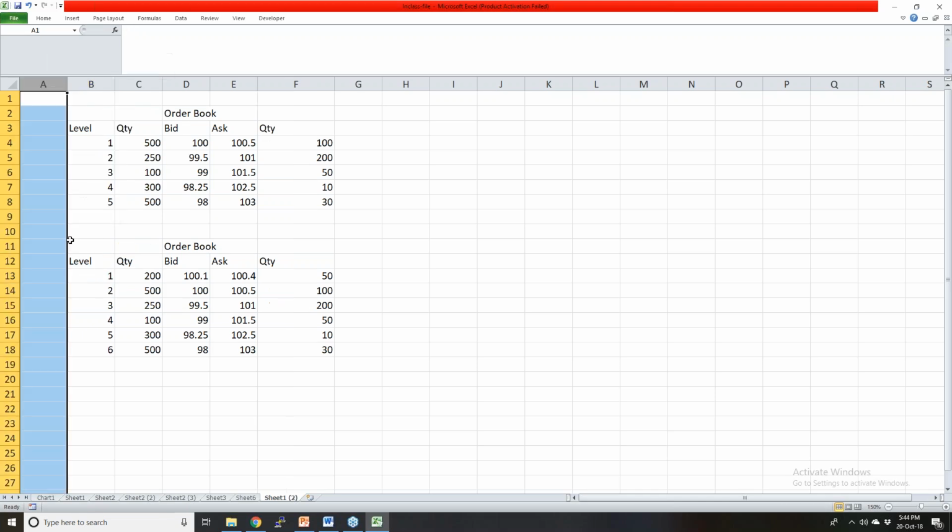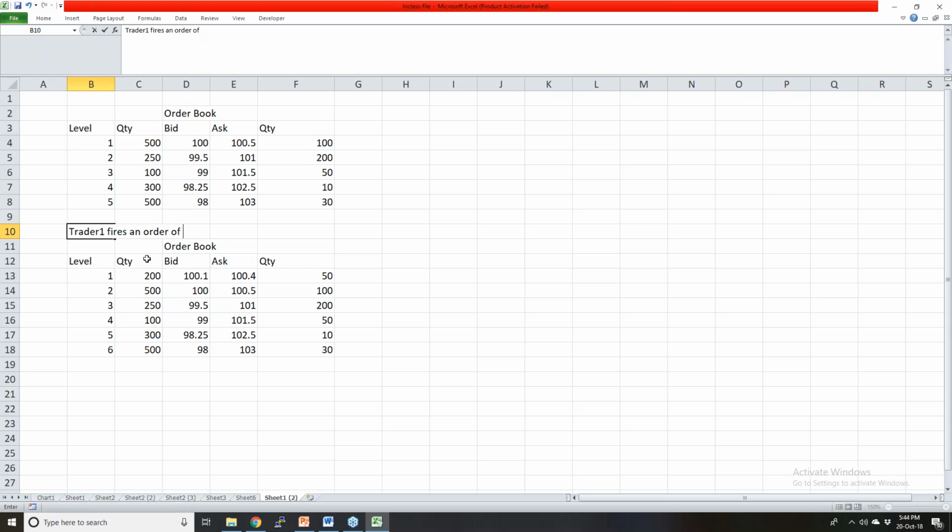So if trader 1 fires an order of size 200 at 100.1, then this order is alone right here.